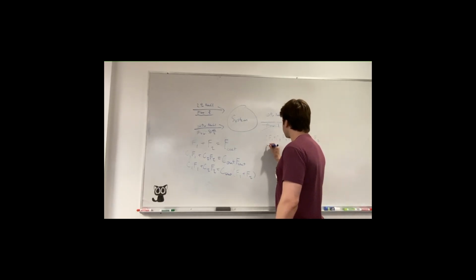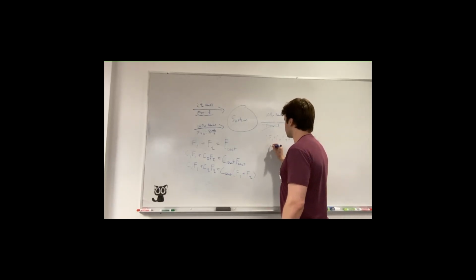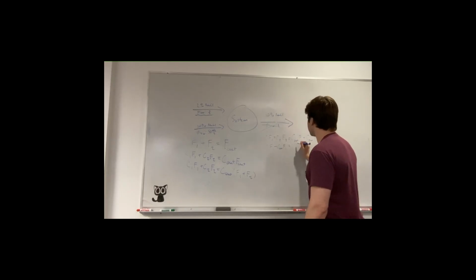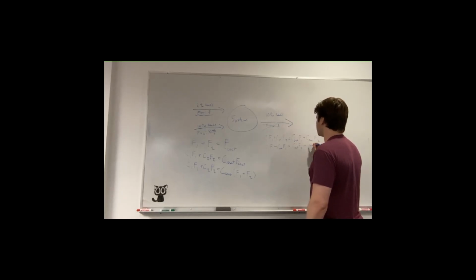So we're going to go to C1 F1 minus C out F1 is equal to C out F2 minus C2 F2.